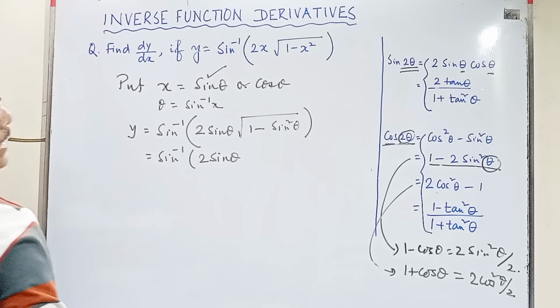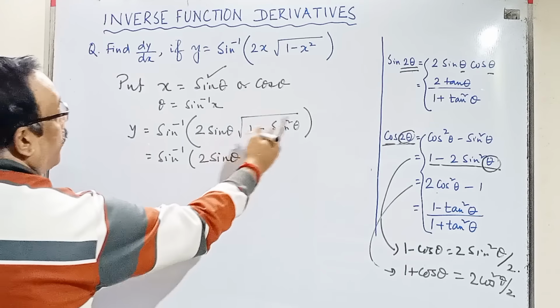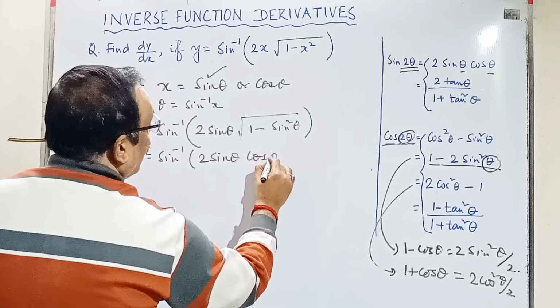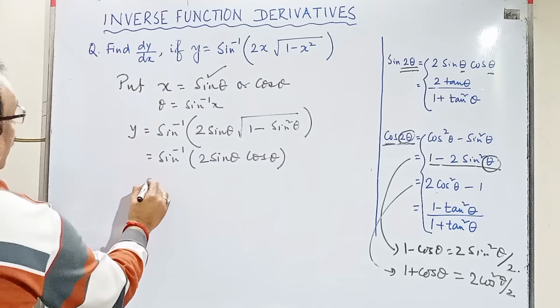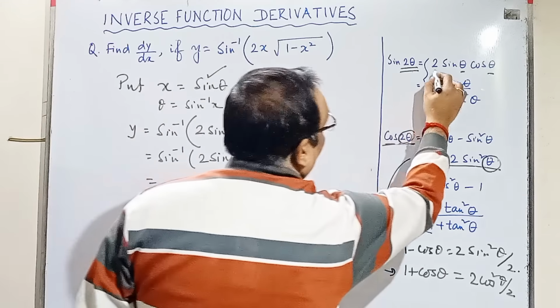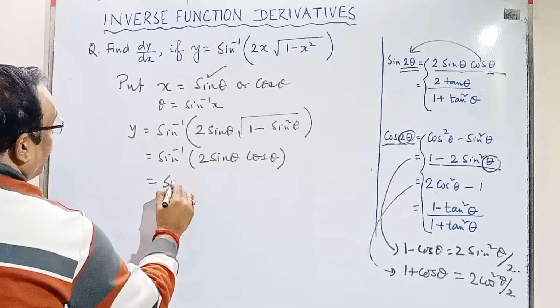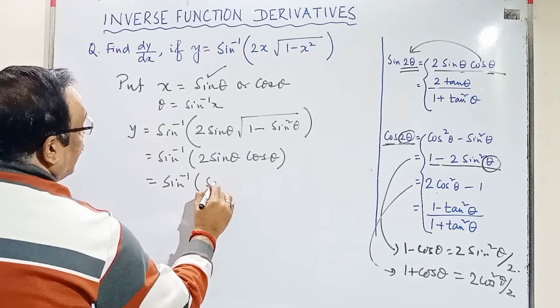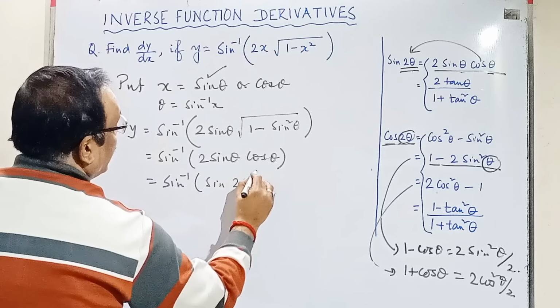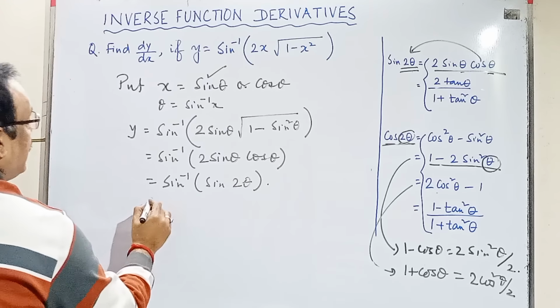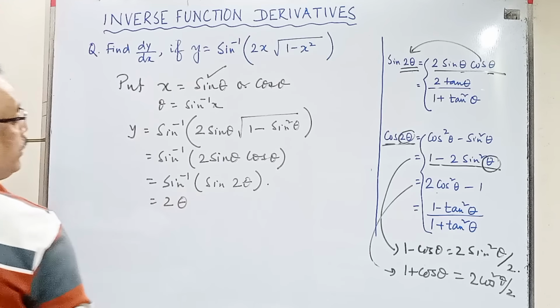Root over of 1 minus sin square theta is cos square theta, so root over of cos square theta is cos theta. So we have 2 sin theta cos theta, which is sin 2 theta. So this is equal to sin inverse sin 2 theta, which will be equal to 2 theta.